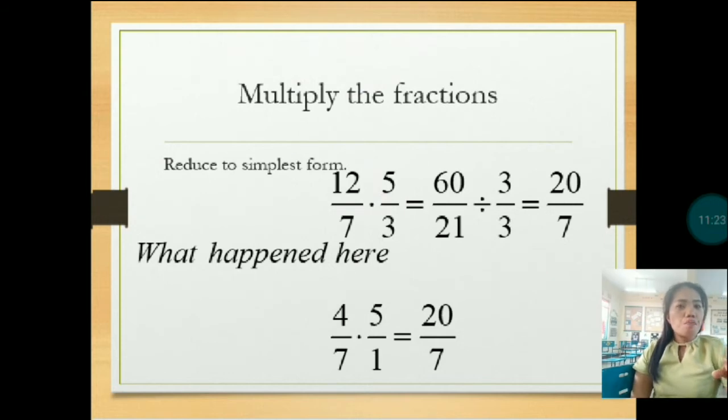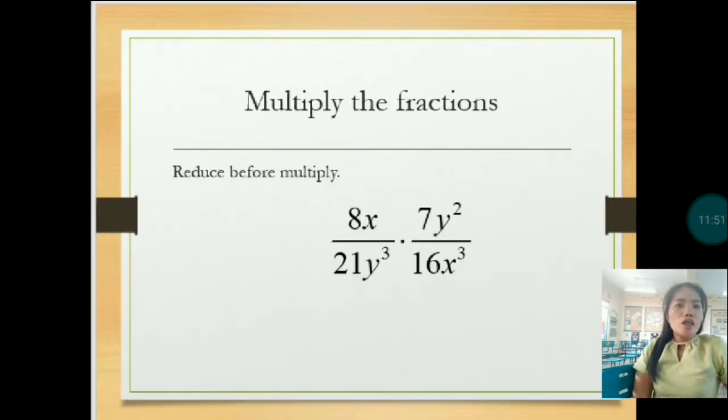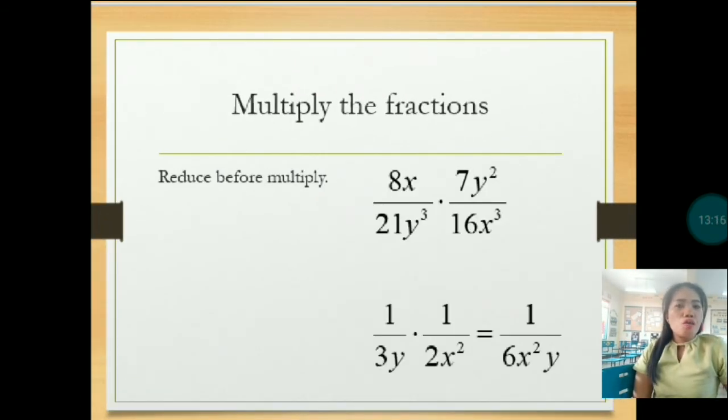That is why we have this expression 4 over 7 times 5 over 1. Then after which, we can proceed to multiplication, multiply both numerators and both denominators. So 4 times 5 is 20, 7 times 1 is 7. So you still get the same result, and it's up to you which process you're going to use.